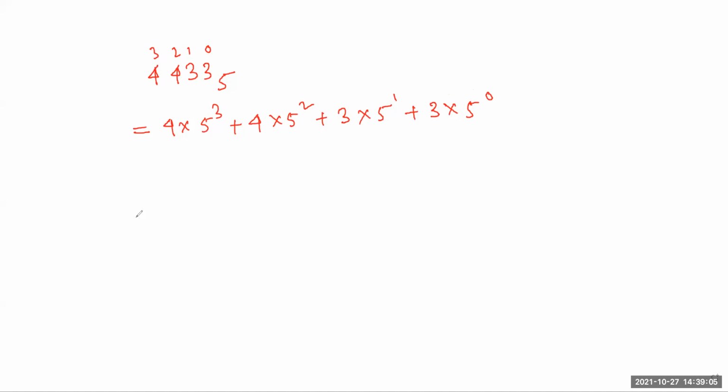So 4 into 5 to the power 3 means 500, plus 4 into 25 is 100, plus 15, plus 3.